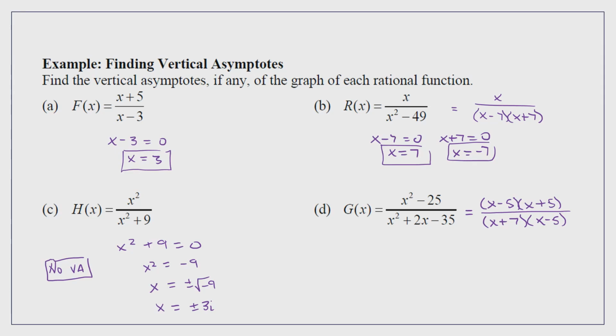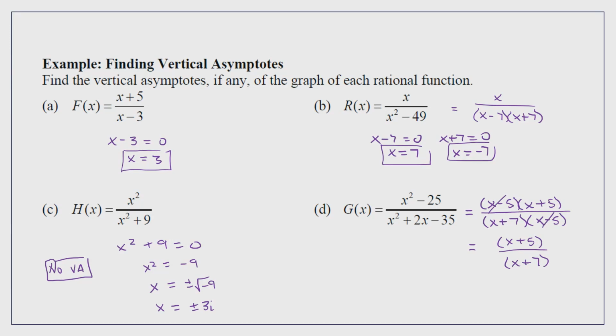In this function, I see that the numerator and denominator both have the factor x minus 5. So if I were to simplify this ratio, I would have x plus 5 in the numerator and x plus 7 in the denominator, which would cancel out the x minus 5 factors.